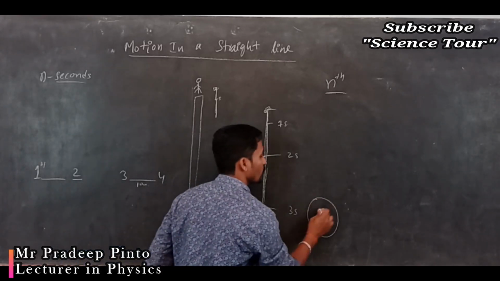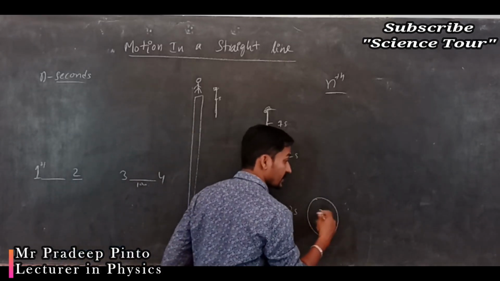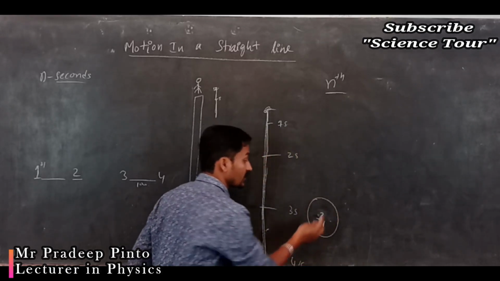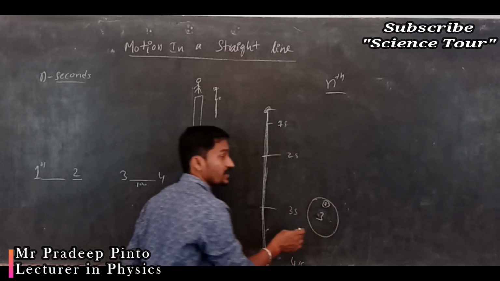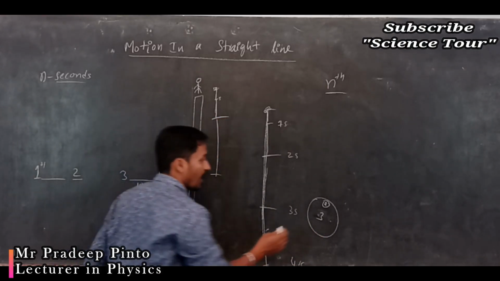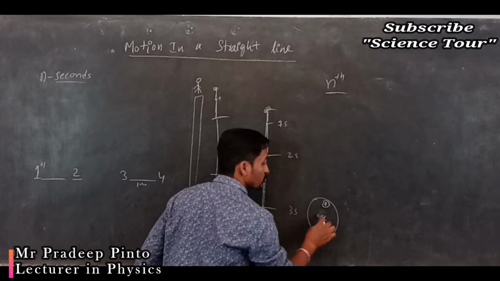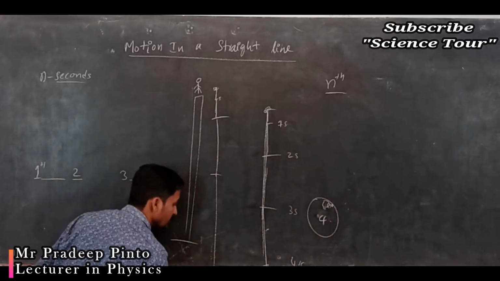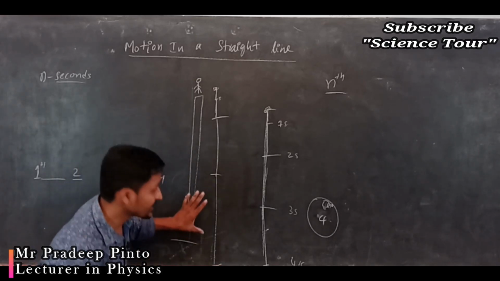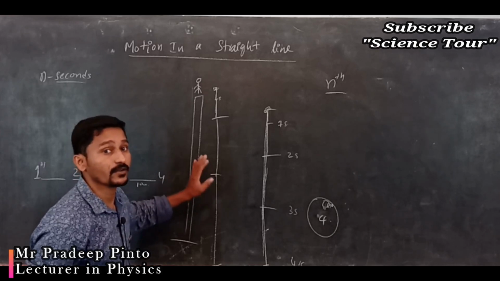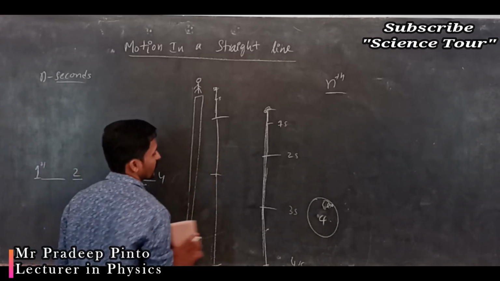Then the next number, 3, has to come; 100 divisions run, and it travels this much. After 3, 4 has to come, again 100 divisions run, and it moves like this. So in that time interval, there is the second second, third second, fourth second, fifth second, which we are going to write down.